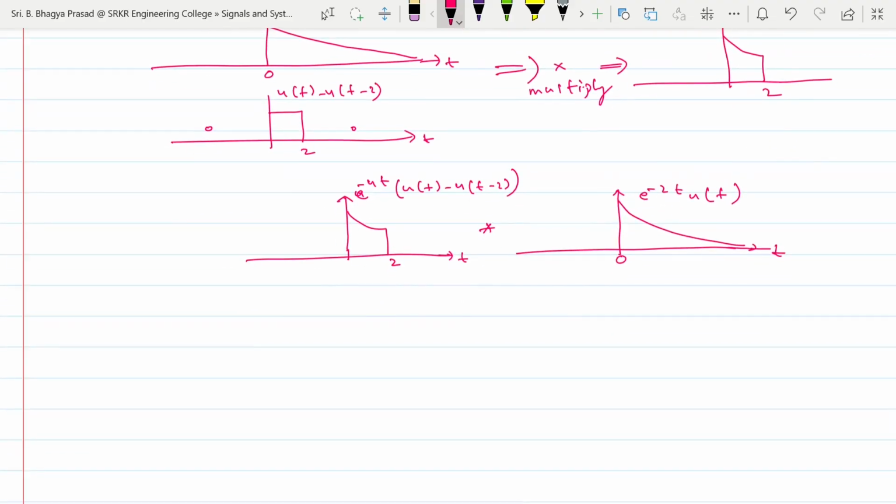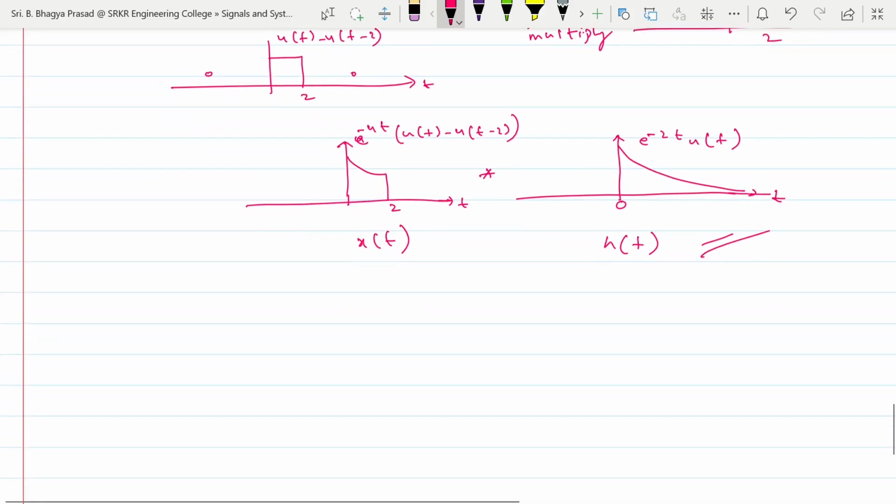So now I will fold this e power minus 2t u of t. Let this be h of t and this be x of t. So let us convolve that one.